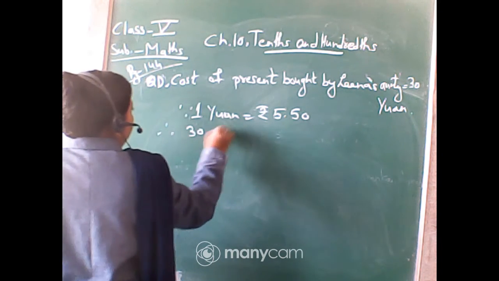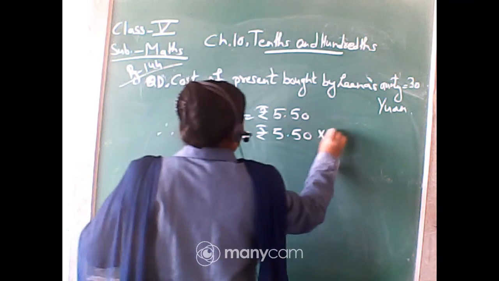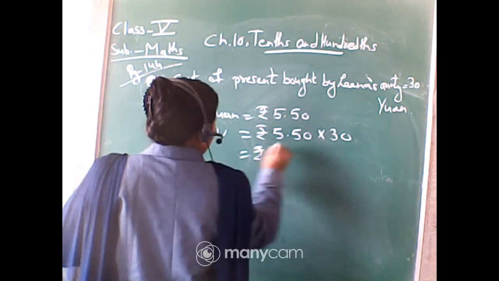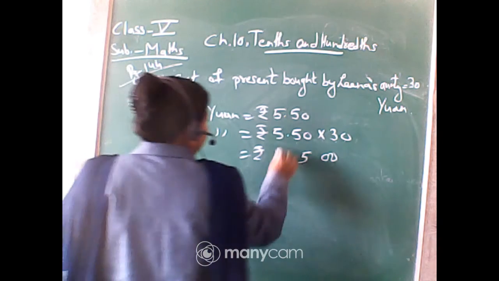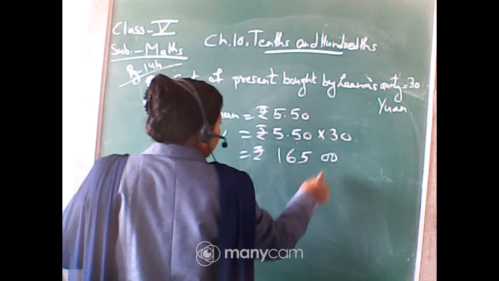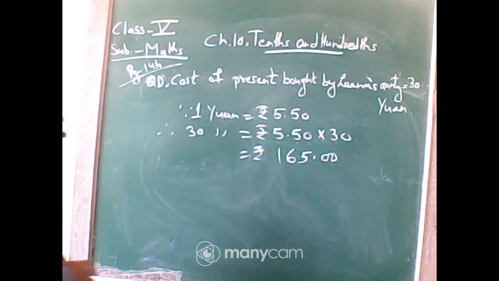Therefore 30 yuan is equal to rupees 5.50 into 30. That means 2 zeros, 3 5s are 15, carry 1, 3 5s are 15, and 1 is 16. After 2 digits, the decimal. So for Indian rupees it costs rupees 165.